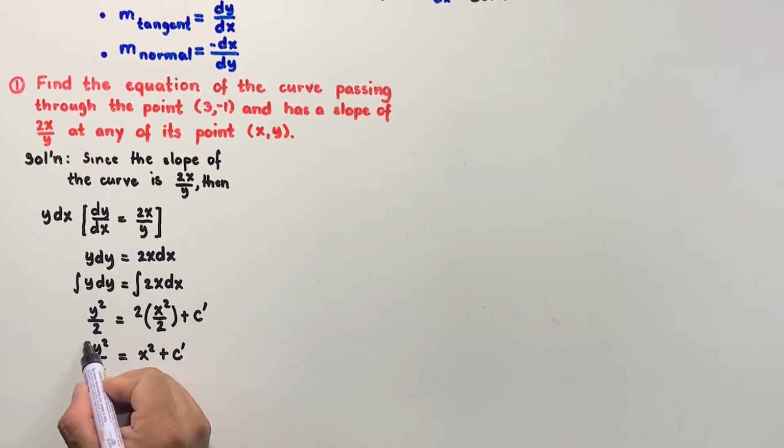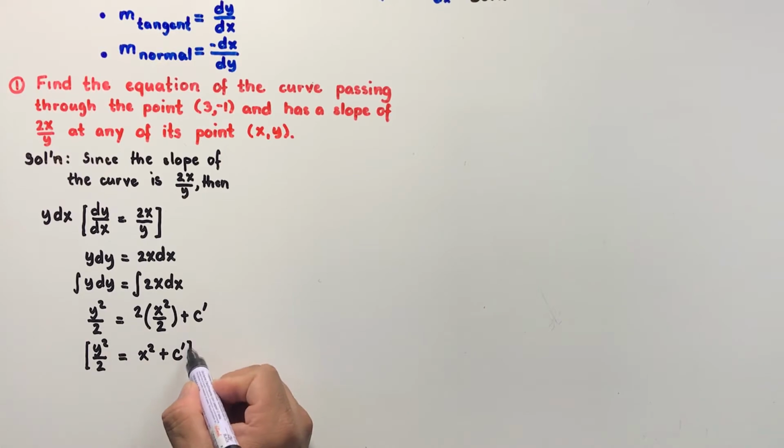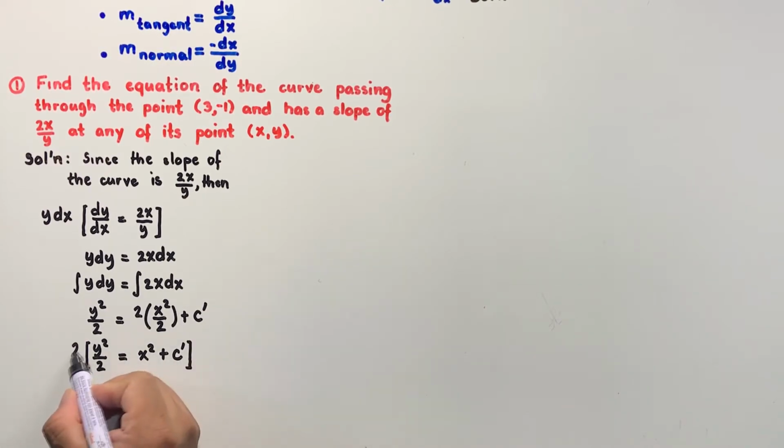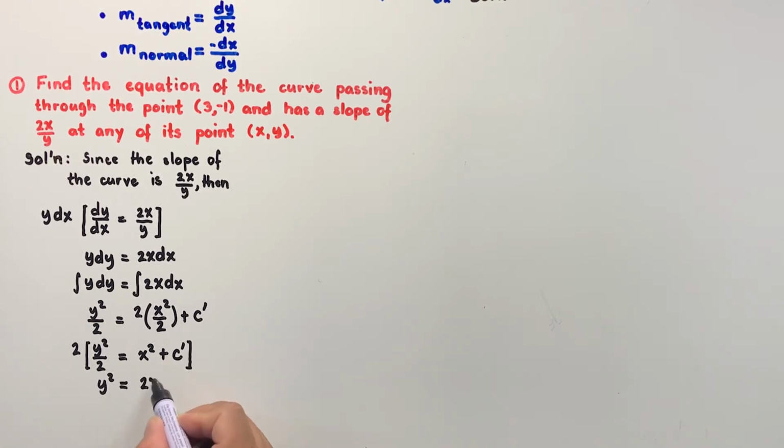And multiplying both sides of the equation by 2 so that we can get rid of this 2 in the denominator, we have y squared equal to 2x squared plus 2c prime.